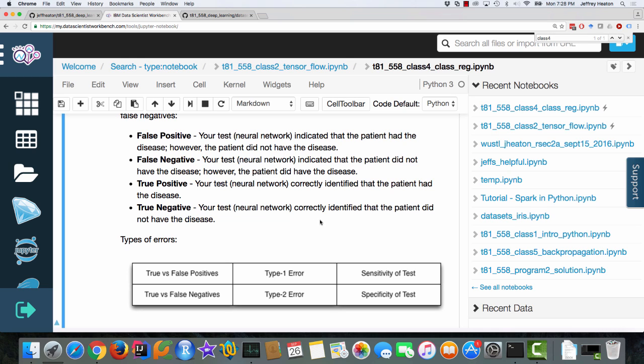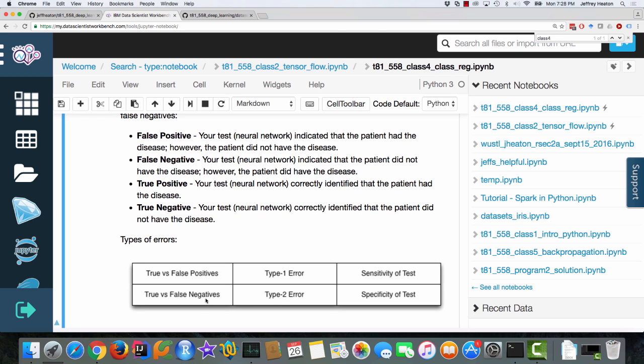So a type 1 error deals with how bad are you on false positives, true versus false positives. A type 1 error, that's a sensitive test, is the type 1 error. A specific test is a type 2 error.